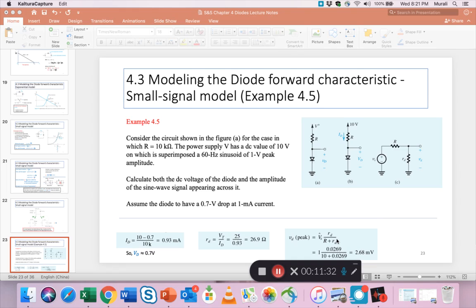But here I just wanted to show you, and this is in the textbook so you can read it, how to use the voltage divider method to find that portion of the original small signal transferred onto the output because of the presence of the diode. Okay, all right. So that was an example from the textbook.